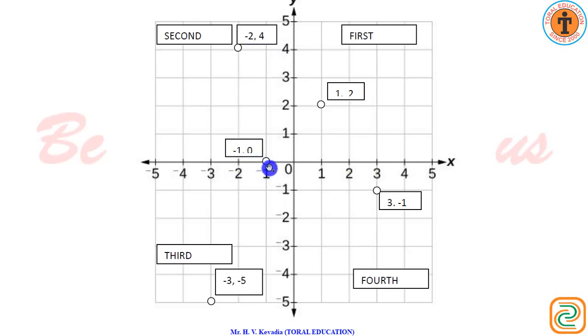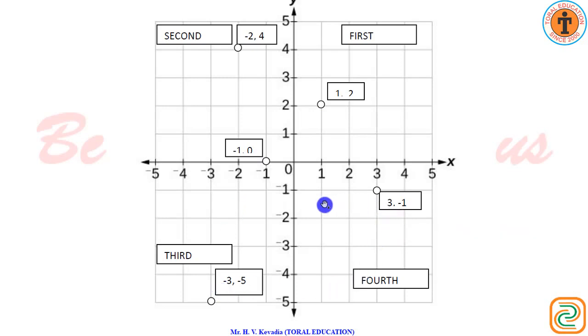Then -1 and 0. This point 3 and -1: x coordinate 3, y coordinate -1. Understand it properly. -3, -5: x coordinate -3, y coordinate -5. This one is the fourth quadrant. First quadrant, second quadrant, third quadrant, fourth quadrant. So I have shown here these 5 points.